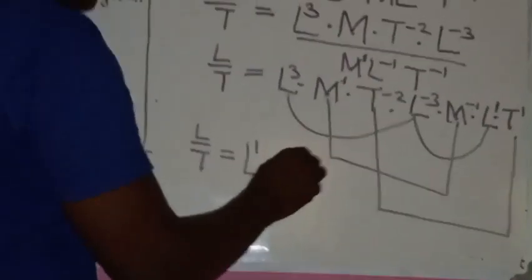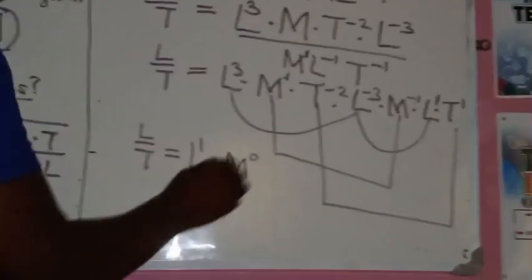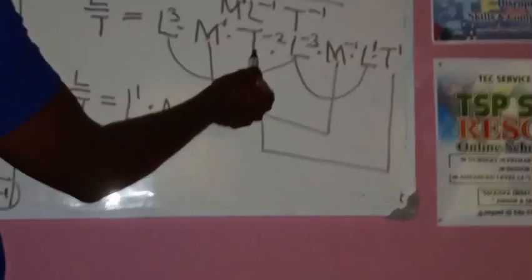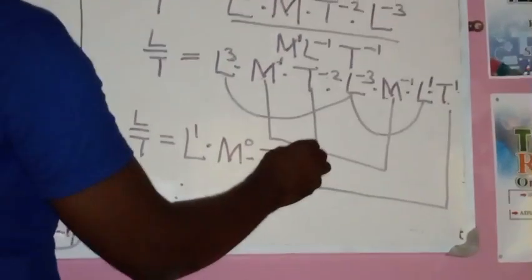If there is no exponent, it's 1. They have a common base of M, so I can add the power. 1 plus minus 1, that is 0. Okay? I'll go to the dimension T. T raised to power minus 2 times T raised to power 1. They have a common base. Minus 2 plus 1, that is minus 1.